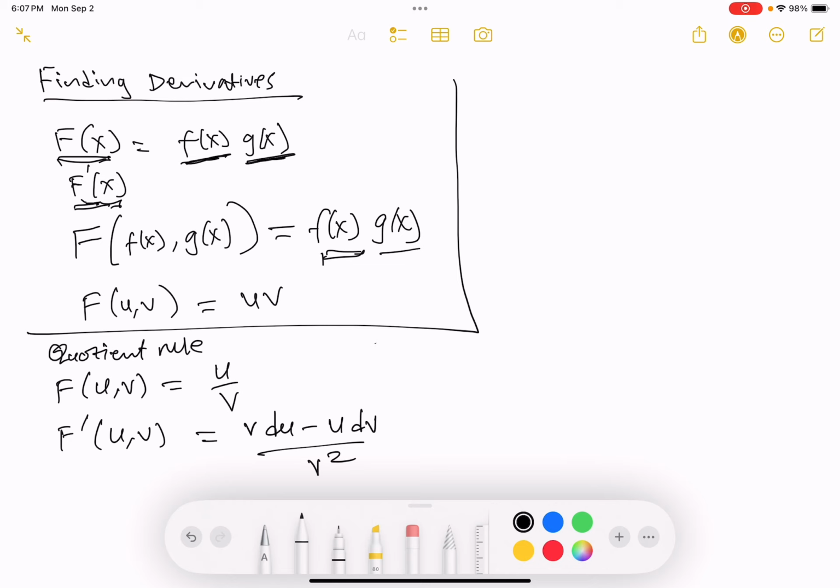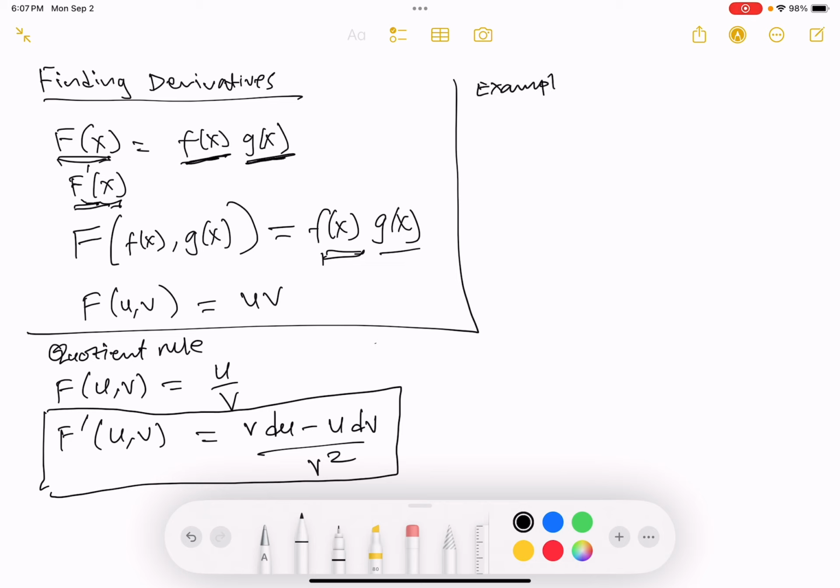So that's what you use for finding derivatives of fractions, essentially of functions. So I'll go straight to example 1. Find the derivative of f of xy is equal to x cubed over y squared.